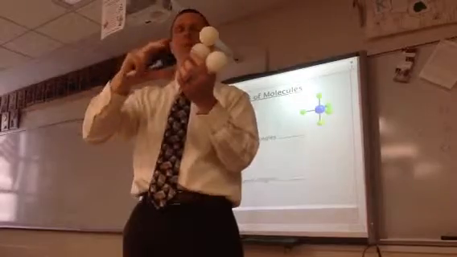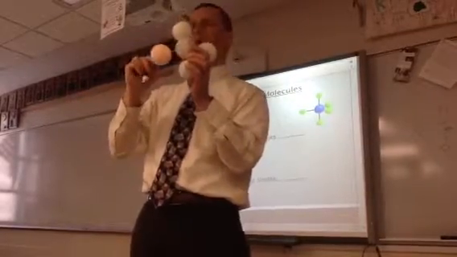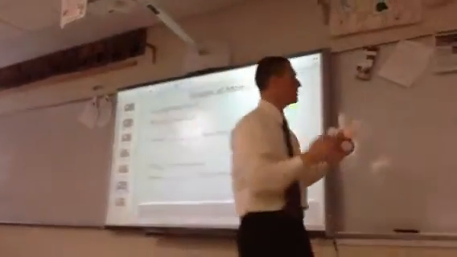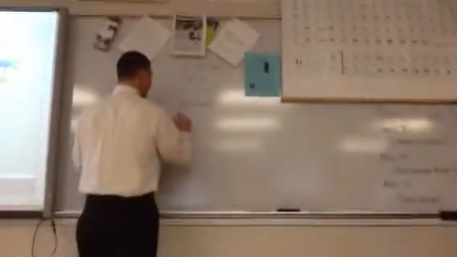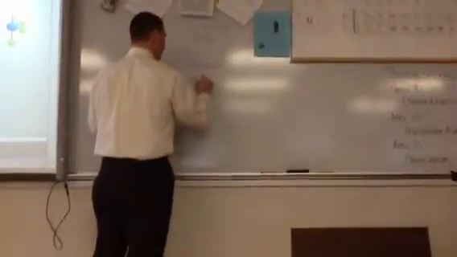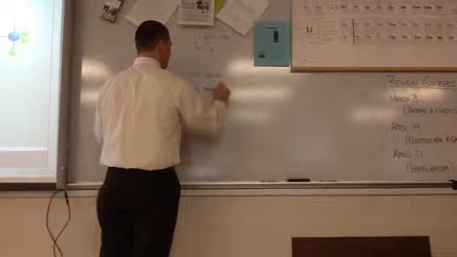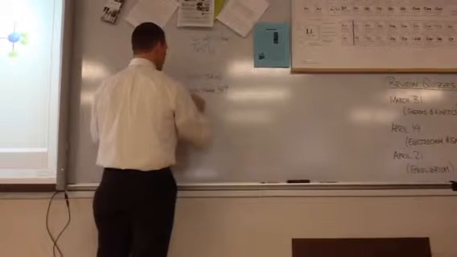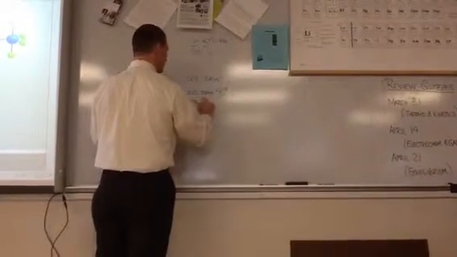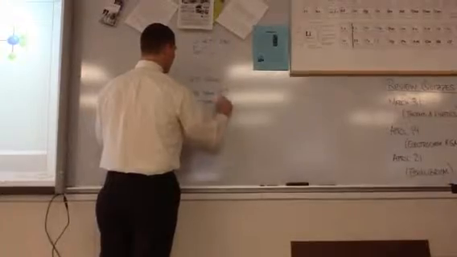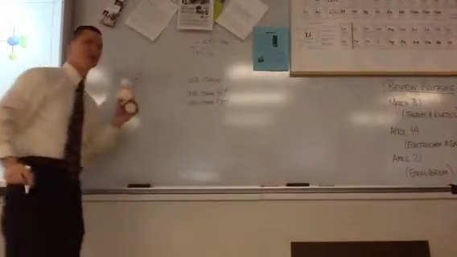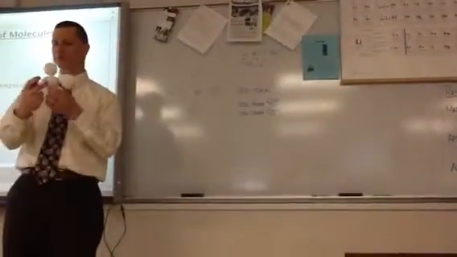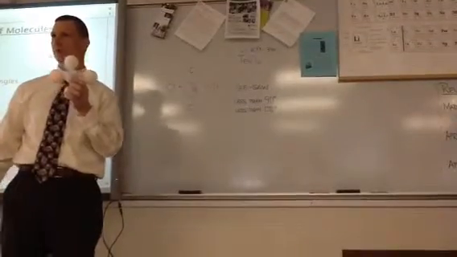Now that it's a little bit more crowded around there, I'm not going to say we lose a full 2 degrees, but I will say this: the angles are less than 90 and less than 120 degrees. I don't know what the angles are, but I propose that they're less than what they were when that was not a lone pair.